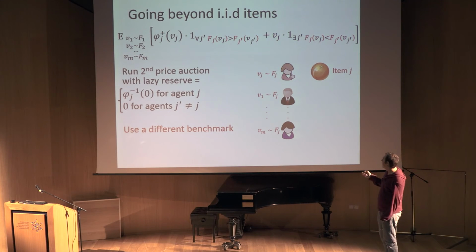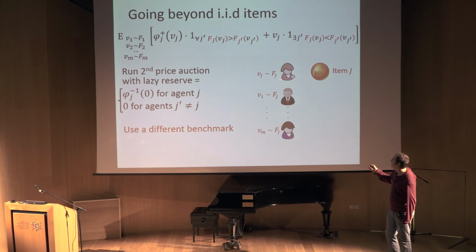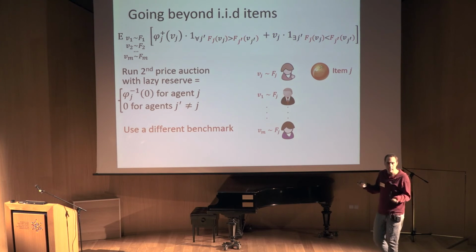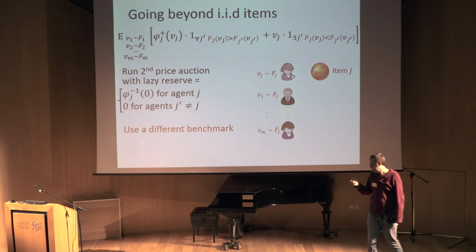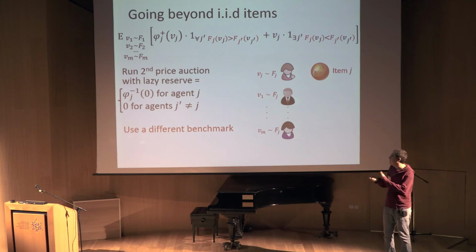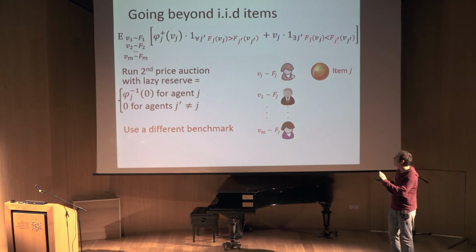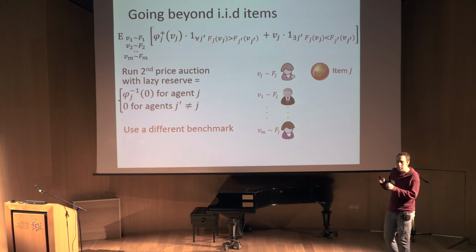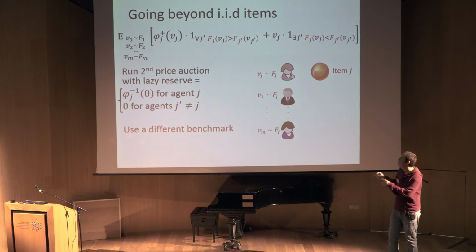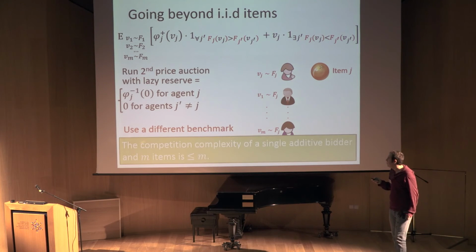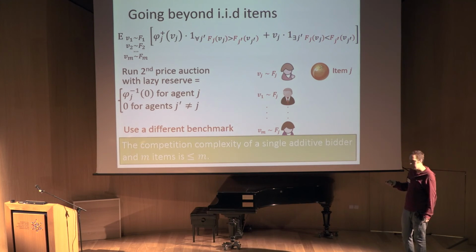And now we can couple the event that agent J is the rarest agent, in a sense, and the event that item J is the rarest item. For those of you that haven't seen it, you need to think about it for a couple of minutes, but it all works out if you take this benchmark instead of the previous benchmark. And this gives us that the competition complexity of a single additive bidder is bounded by m.